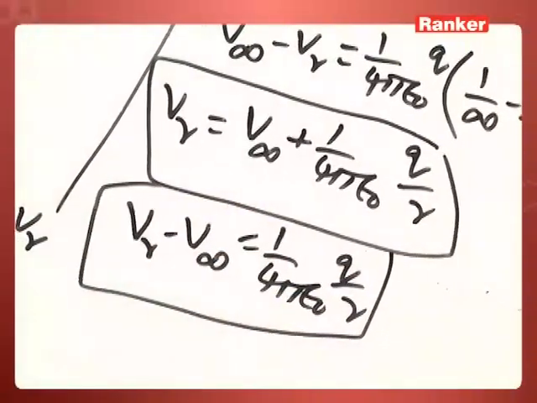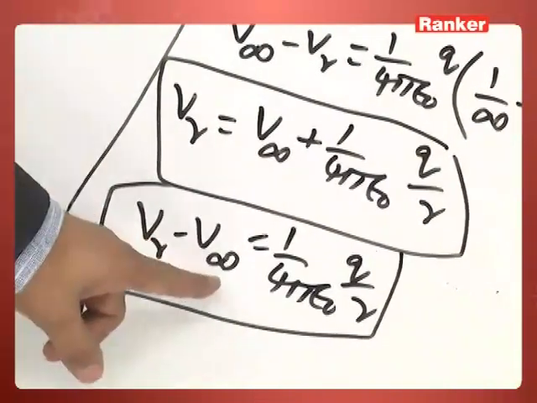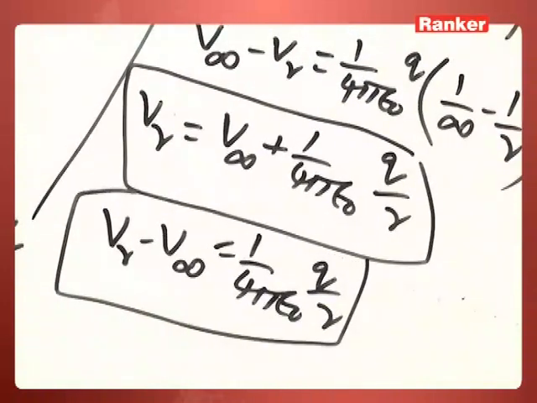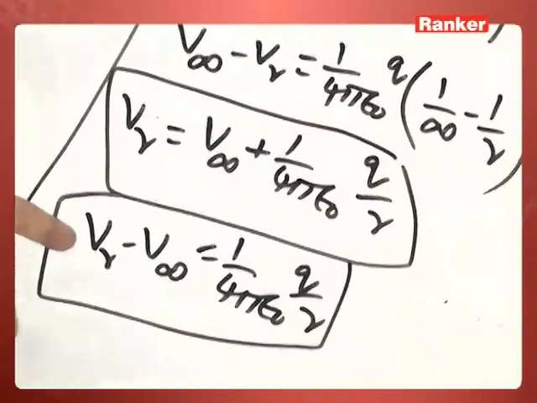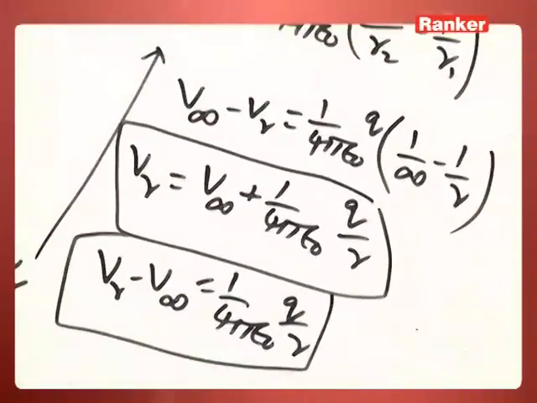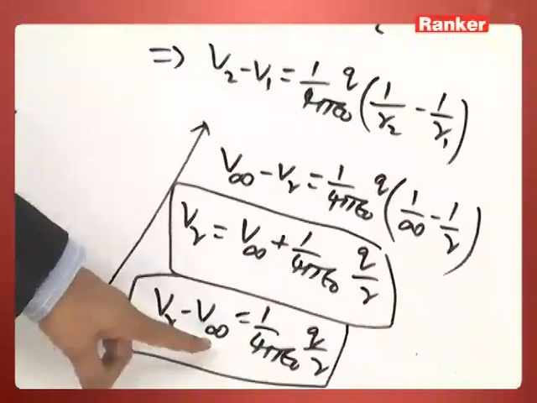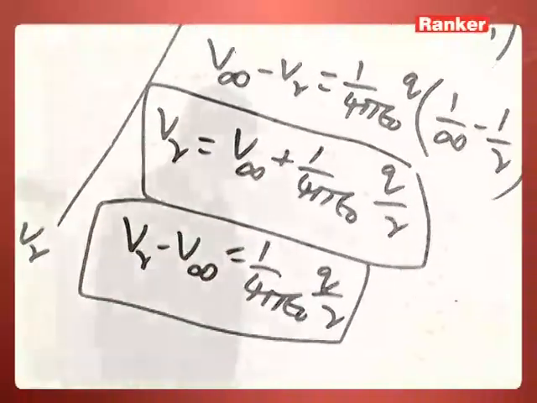If nothing is given in the question, it means we have to put V infinity as 0, because at infinity there is no interaction between the charges, so no potential. And if in some questions they write, assuming potential at infinity is this much, then we will write that value for the potential at infinity in our expression.